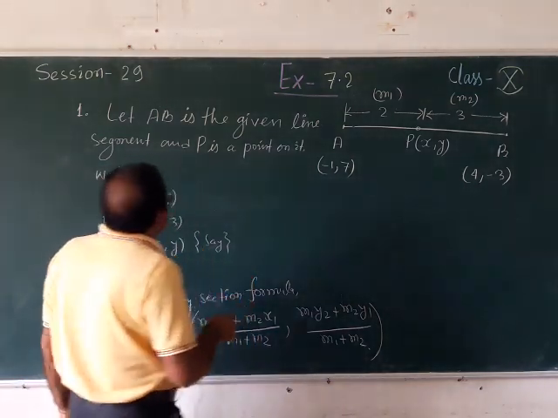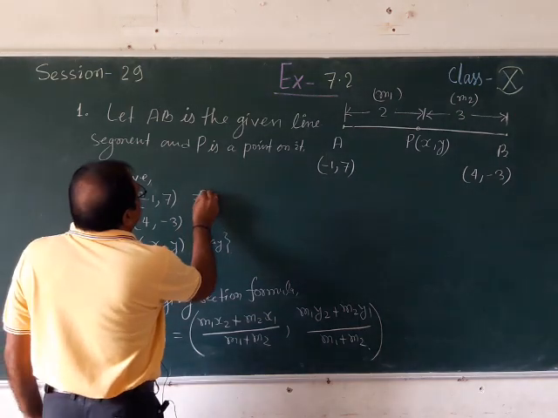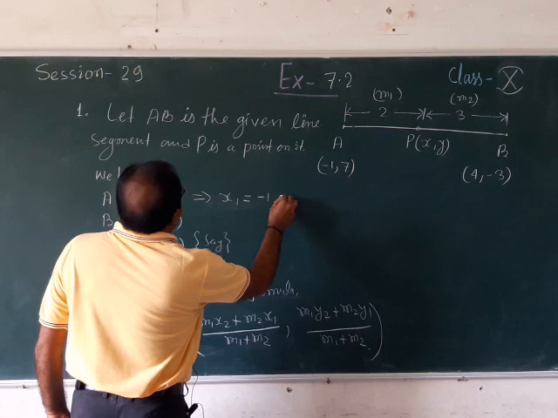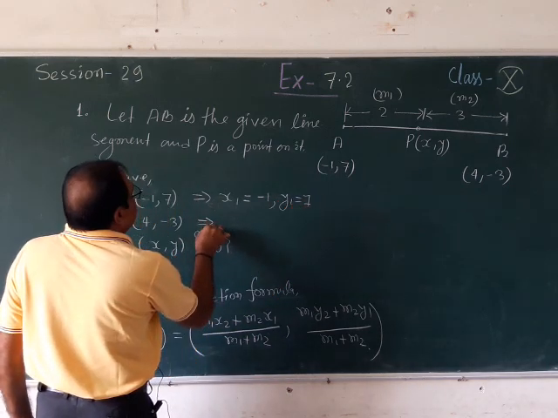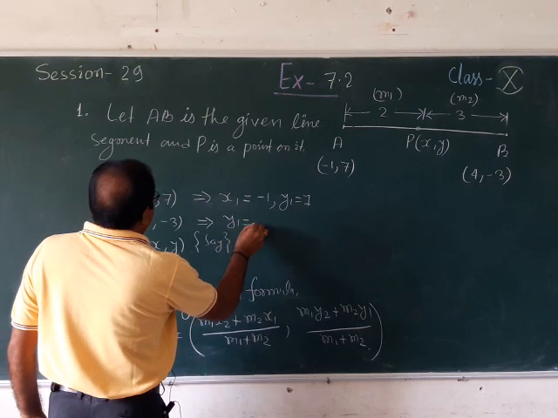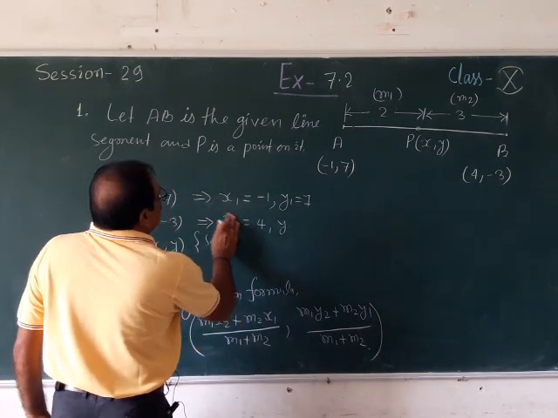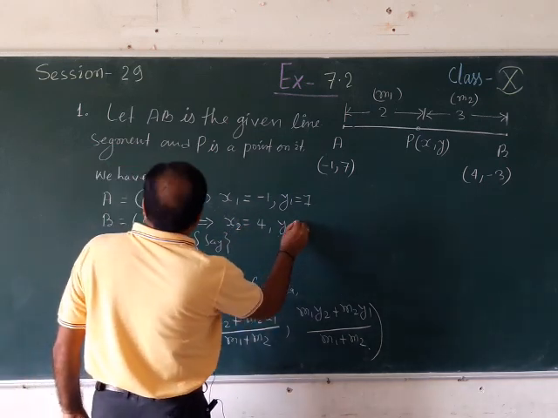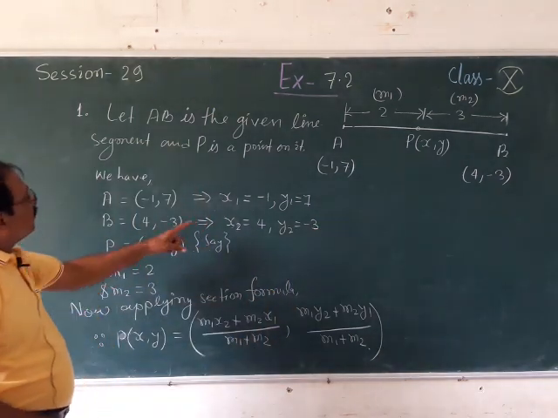If you are feeling any trouble, you can write that x1 equals -1 and y1 equals 7, and x2 equals 4 and y2 equals -3.